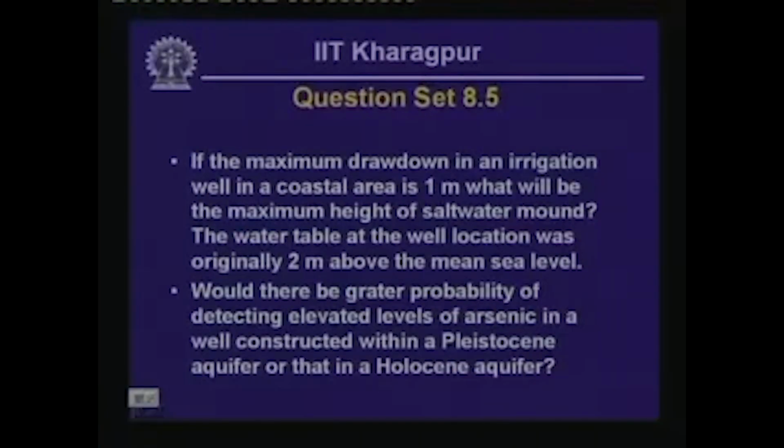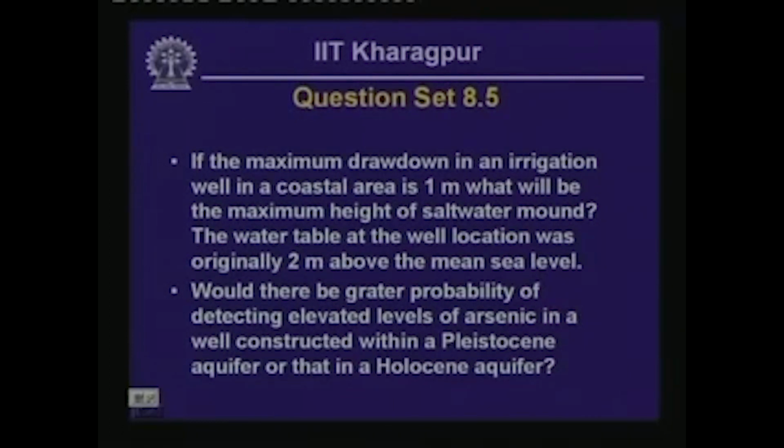Now, the second question that I gave was, would there be a greater probability of detecting elevated levels of arsenic in a well constructed within a Pleistocene aquifer, or a similar one constructed within a Holocene aquifer? Now, these are actually geologic ages.